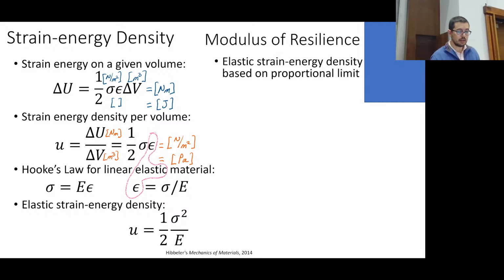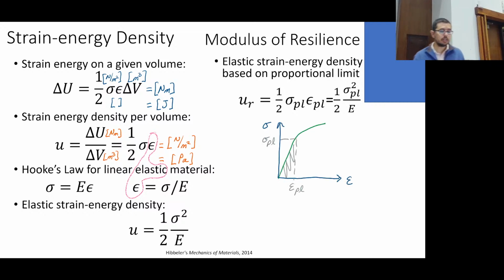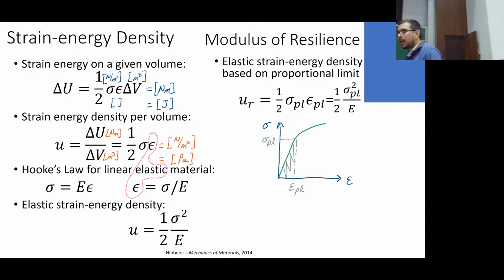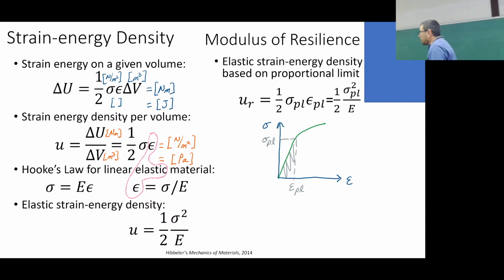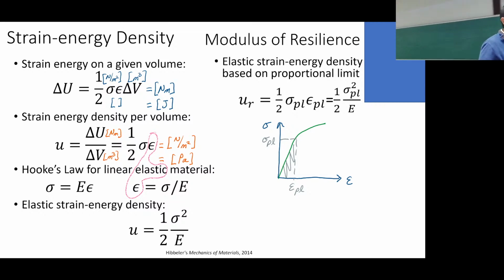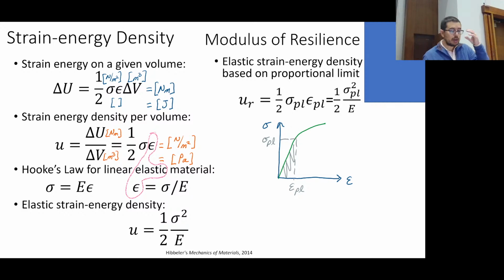This quantity is what we call the modulus of resilience. And technically it's the proportional limit that we use here, but for our exams and things, you're just going to substitute in the yield strength, because I'm not going to distinguish that.